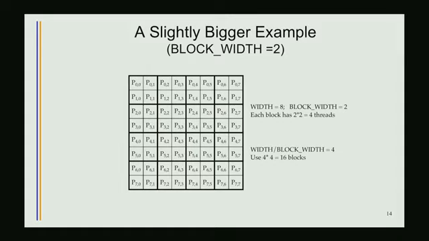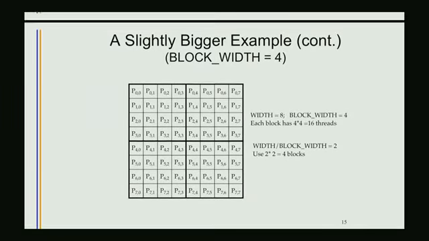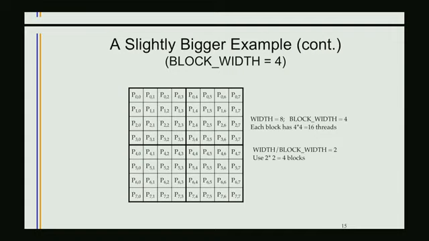This is an 8 by 8 output matrix, and what we have done here is put 4 threads in a block, so there are 16 blocks overall. Hopefully you can extend this into larger sizes pretty easily. By the way, in the same example, here we've picked a block that has a width of 4 as opposed to a width of 2. So now there are 4 blocks where each block has 16 threads.